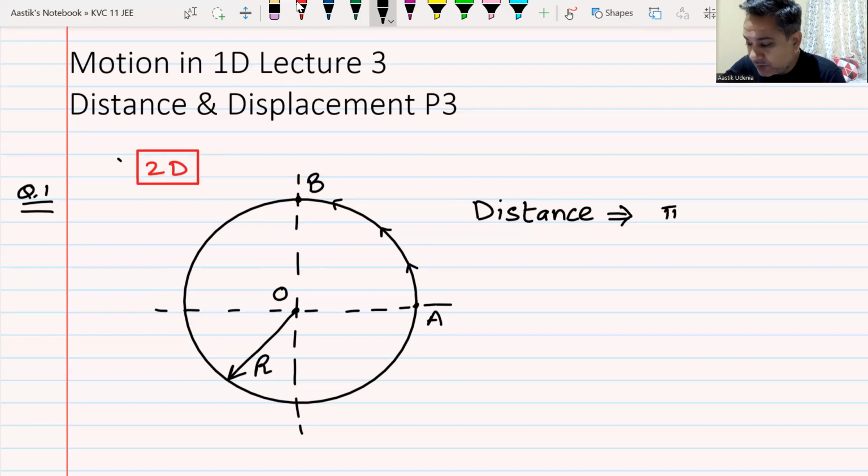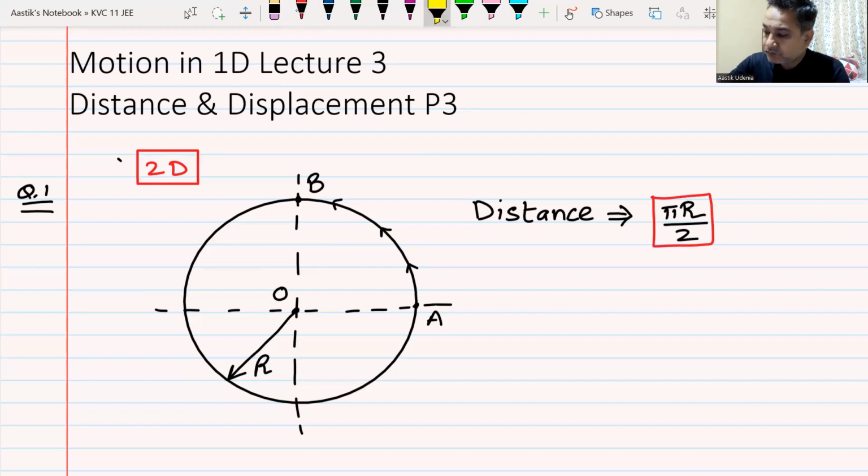Can you tell me how you got this answer, pi r by 2? Sir, the circumference of a circle is 2 pi r. No. First of all, you have to find out the length of this path.